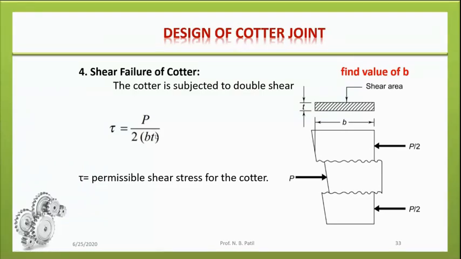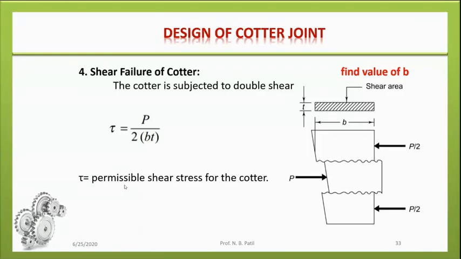Now what is the permissible shear stress for the cotter? Whatever the material given for the cotter, divide by the factor of safety, you get tau permissible, from the problem. Now B is required to be found out by two equations. First is this direct shear stress, and second is the bending stress of the cotter that we will discuss later.